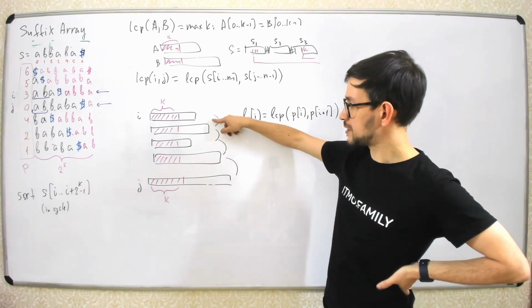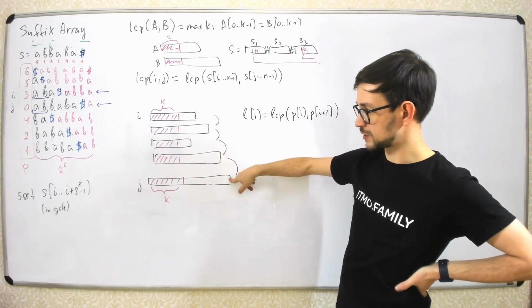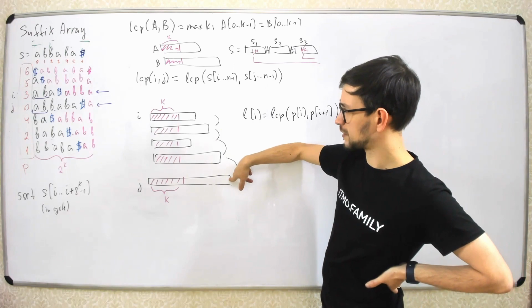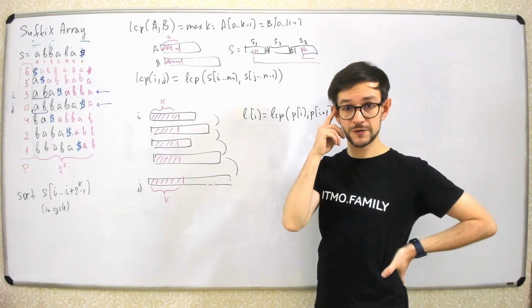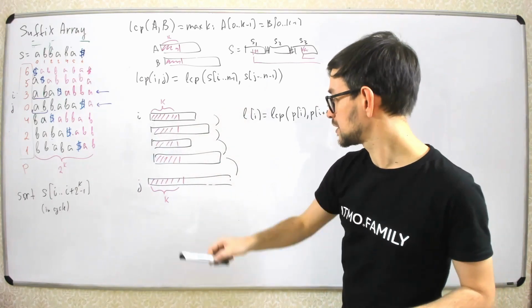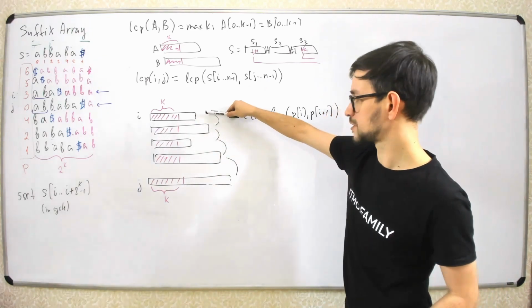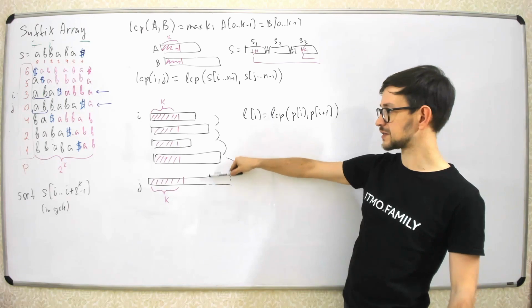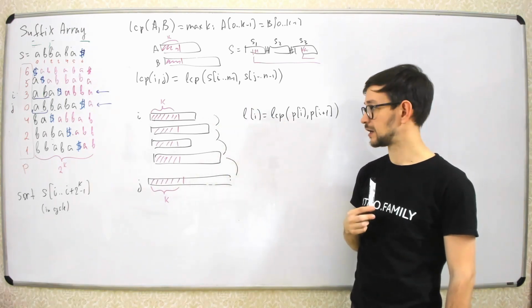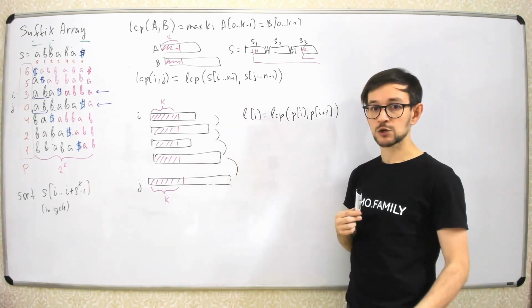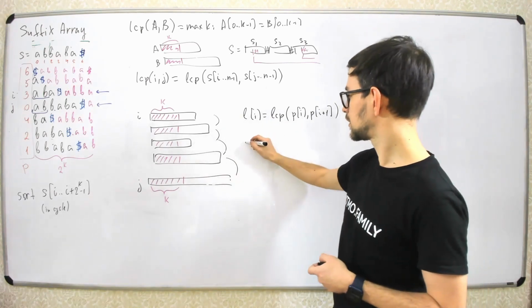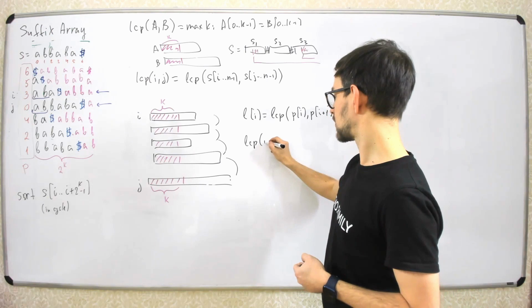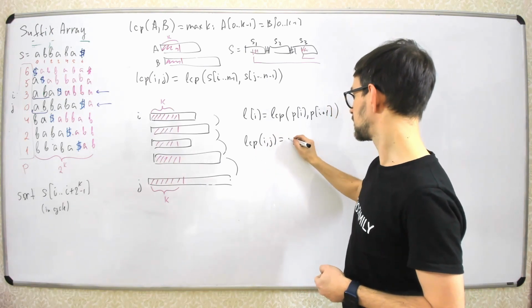You know the LCP of these two strings, of these two strings, and these strings. And you want to find the number of common characters in the first and last strings. Yes, you just take the minimum of all these values. So the LCP of these two strings will be the minimum of the LCPs of this segment of the array. So we need to find the minimum in the segment of array L.